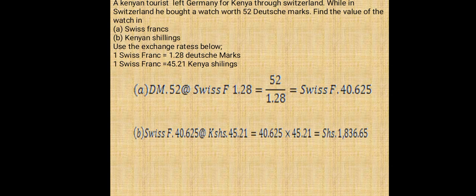Now, part B, to Kenyan shillings. Remember, one Swiss franc is equal to 45.21 Kenya shillings. So you multiply those Swiss francs 40.625 by 45.21, we get 1,836.65 Kenyan shillings.